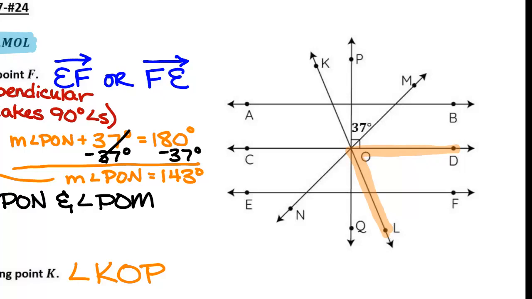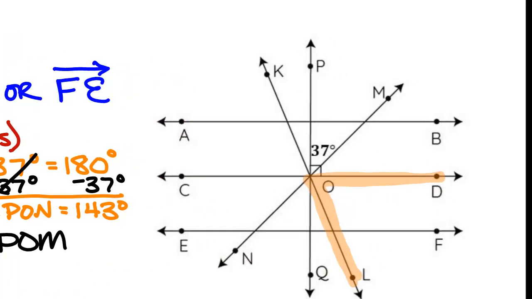Now, what is one of the special angle pairs that would have to be the same size as this? What would be the name of the special angle pair? Vertical angles. Vertical angles are congruent. They have to be on opposite sides of an X. So I'm going to follow these lines in the opposite direction. From O, instead of going this way, I'm going to go this way.